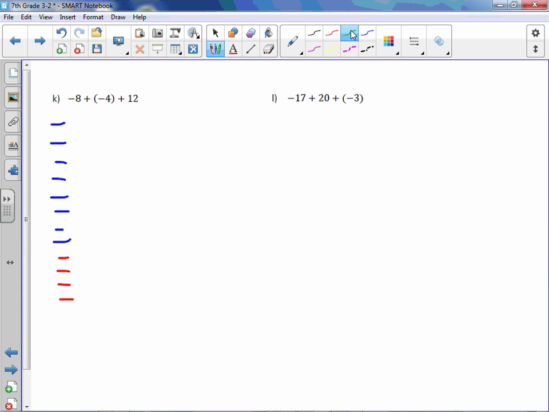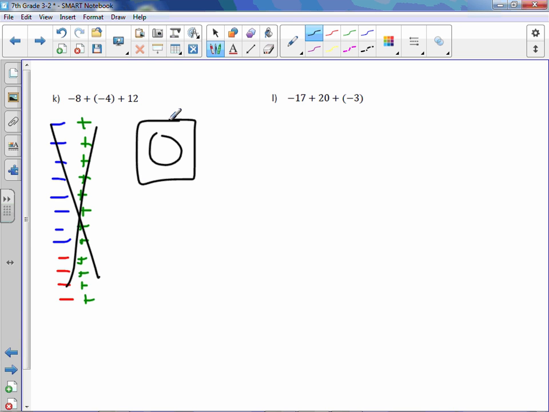And then you have positive 12. Cross out your 0 pairs, and you have 0 leftovers, so the answer is 0.